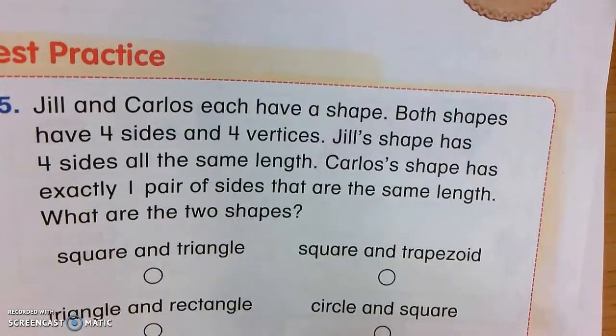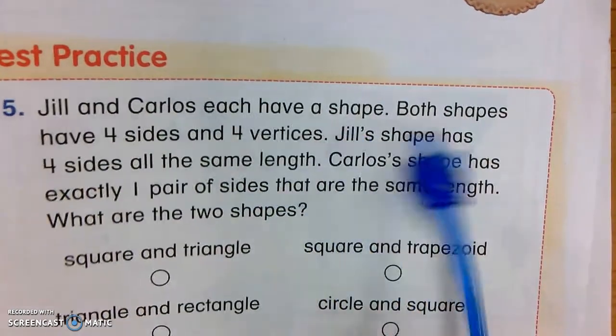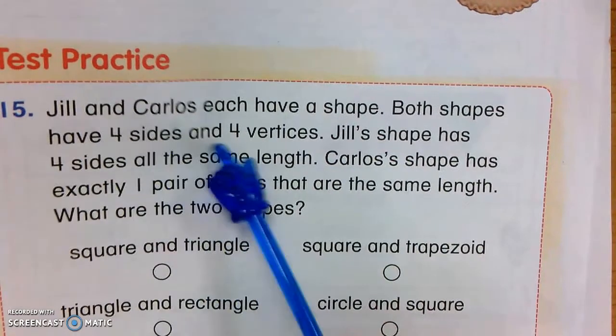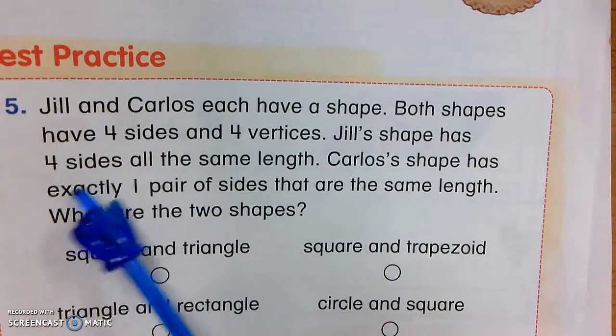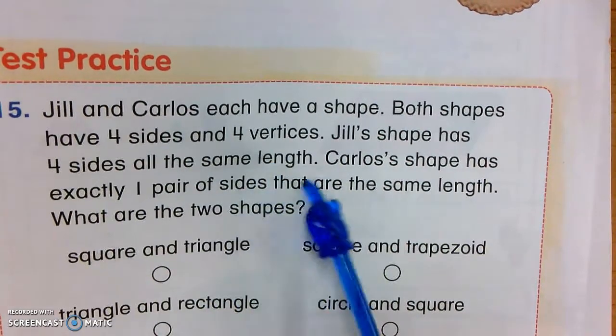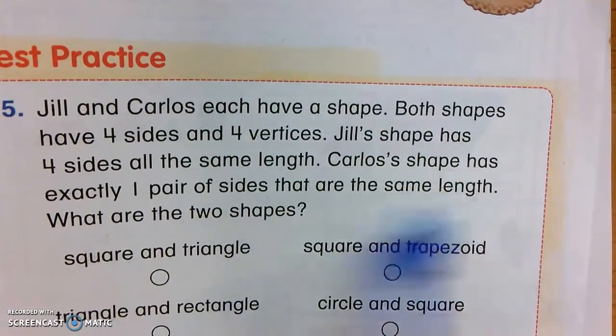Okay, let's go on to test practice. Jill and Carlos each have a shape. Both shapes have 4 sides and 4 vertices. Jill's shape has 4 sides all the same length. Carlos's shape has exactly 1 pair of sides that are the same length.